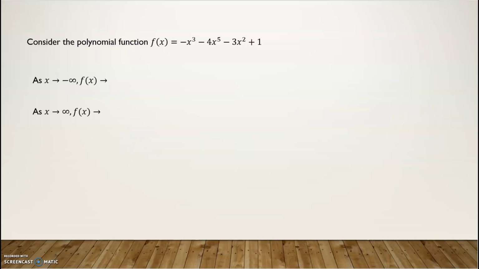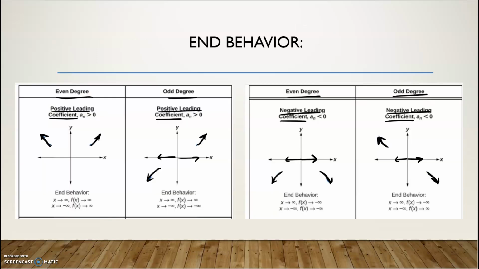So let's look at this right here. Consider this polynomial. We need to find the degree of this polynomial and the leading coefficient. The degree of the polynomial is 5, the highest one, and the leading coefficient is -4. So I have a combination of a negative leading coefficient and an odd degree, so I'm looking at this case right here.